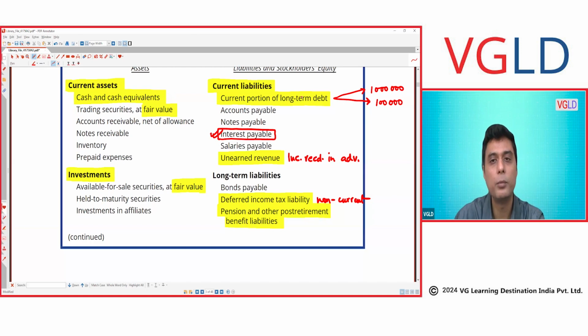This is the principal amount I'm talking about. The interest portion will be captured in the interest payable.